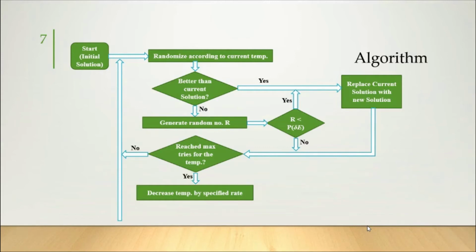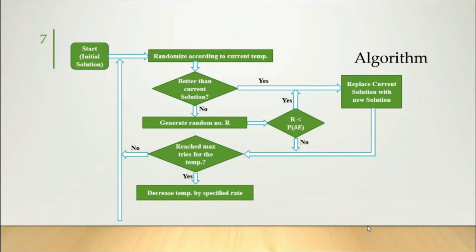It can be, say, divided by 10. Divided by 10 can be a possible value. Or divided by 0.9, or divided by 1.1, can be possible methods for decreasing the temperature.